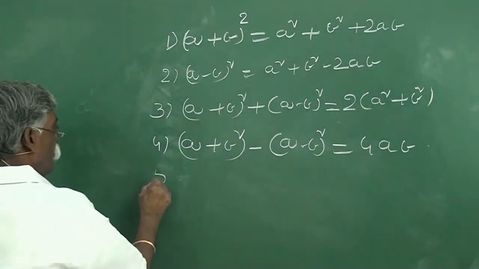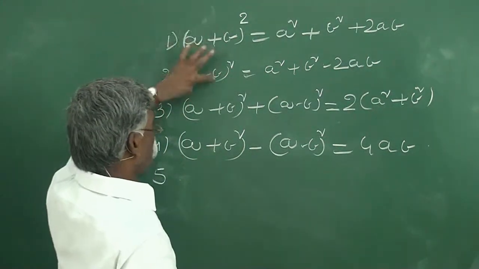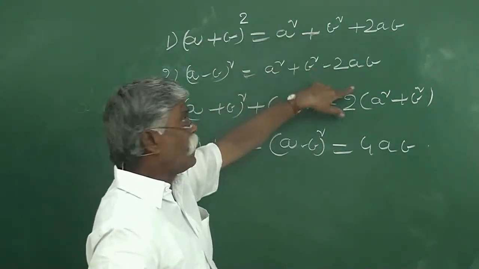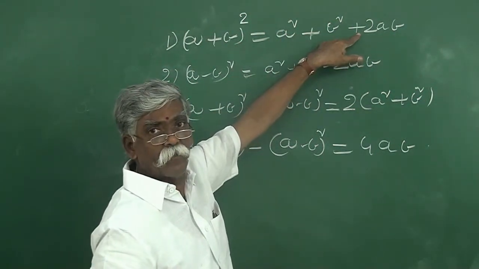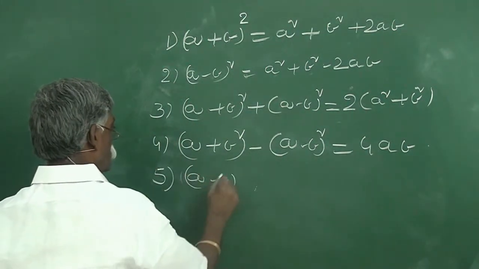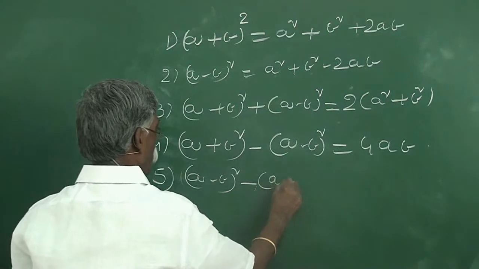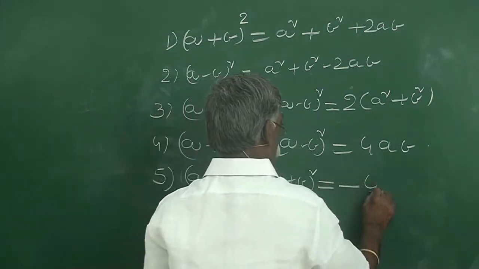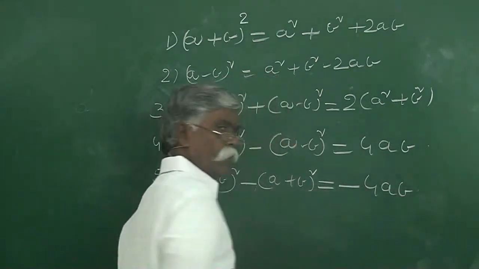And if we subtract this from this, even then these two things get cancelled. This is minus 2ab and this also becomes minus. Therefore, a minus b whole square minus a plus b whole square is equal to minus 4ab.